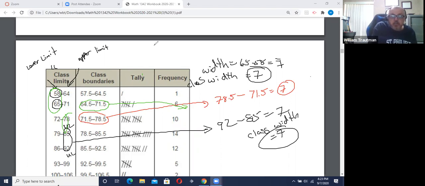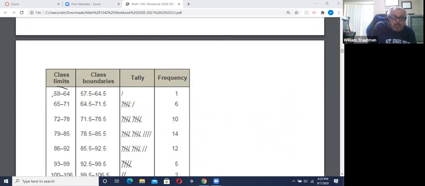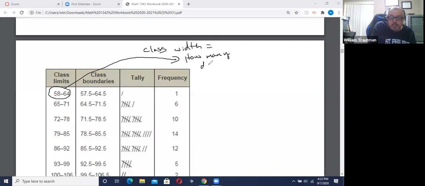Let me show you, a lot of people mess this class width up. This is how I also do class width. Class width equals how many data points can fit into this class.